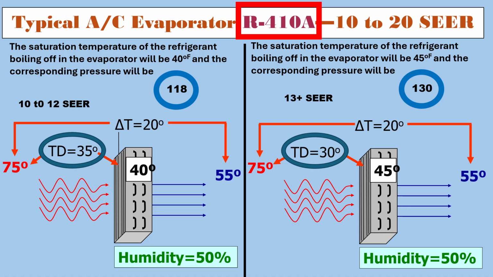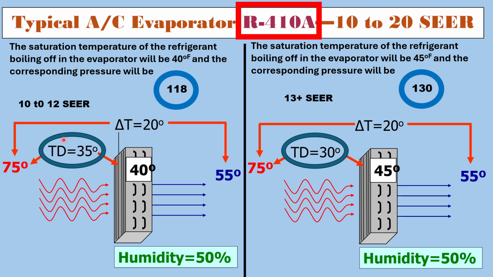So here we see a typical evaporator, R410A, 10 to 12 SEER. The saturation temperature of the refrigerant boiling off in the evaporator will be 40 degrees, and the corresponding pressure will be 118 psig.